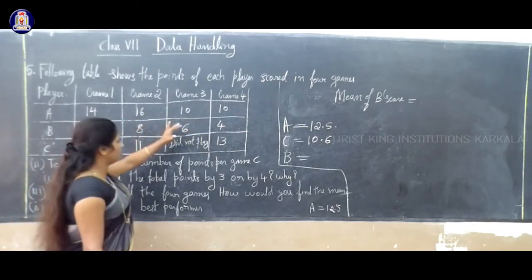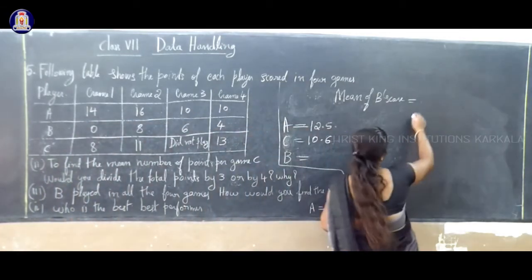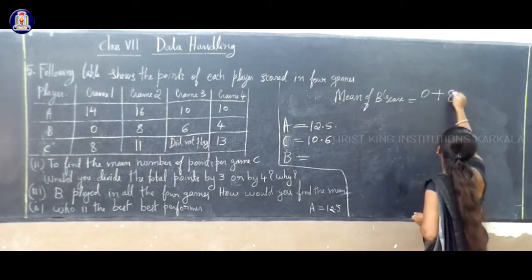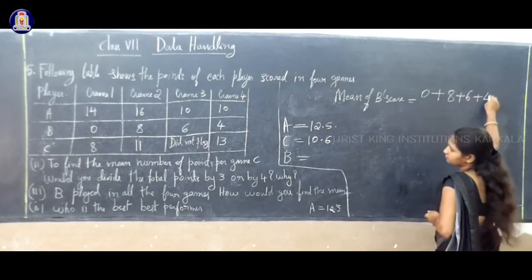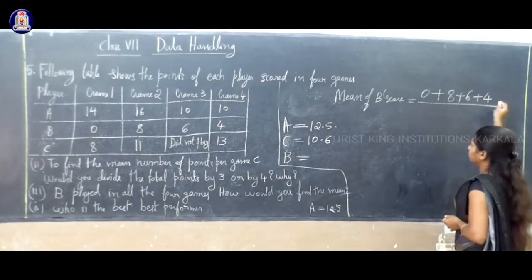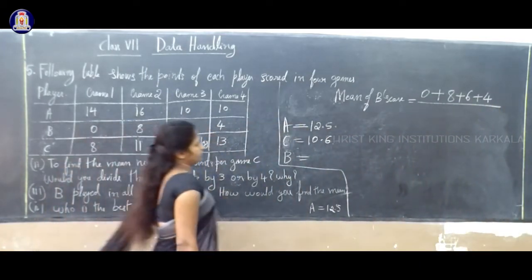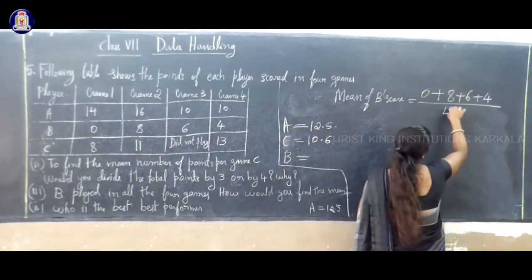So you have to add all the numbers here. All the points you must add and write in the numerator. That means 0 plus 8 plus 6 plus 4, divided by how many terms? There are 4 terms. The number of games, that is 4.